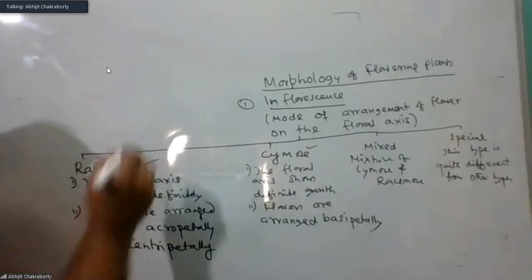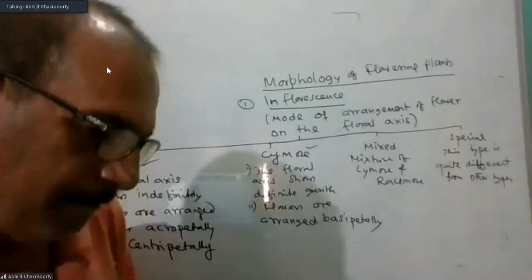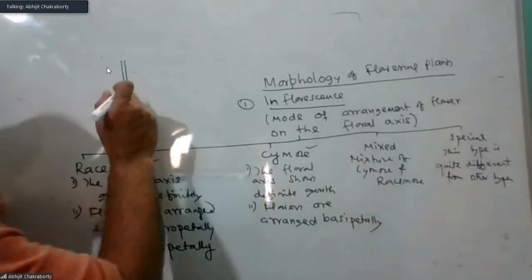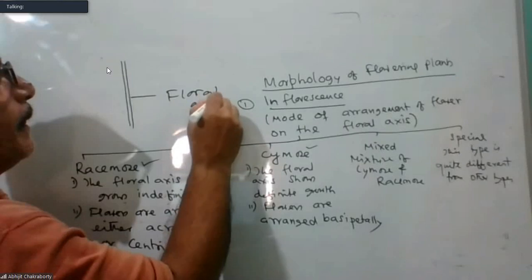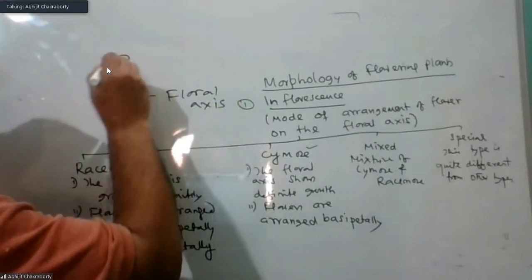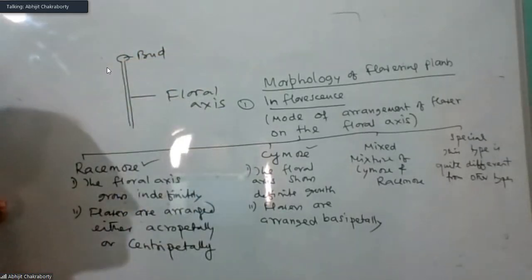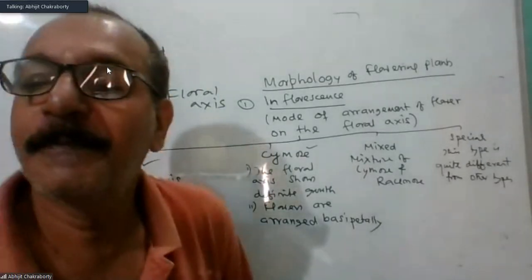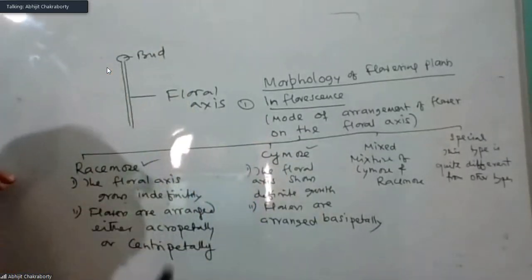Now, what is the floral axis? You see, it is the floral axis. If at the tip of the floral axis there is a bud, it means it grows indefinitely.